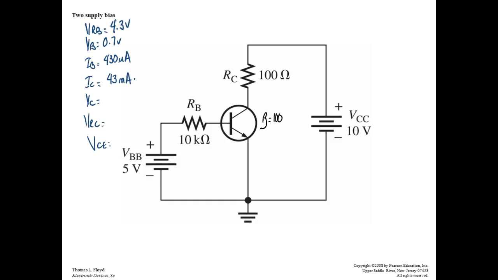Oops. Okay. We multiplied IB times beta. So that's the only new formula. All it is is a gain. It's a gain formula, right?